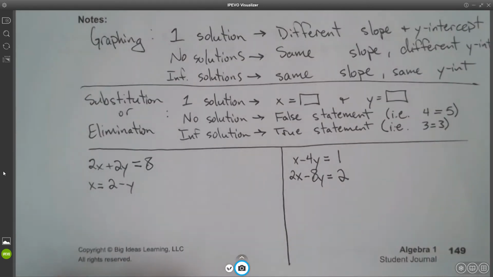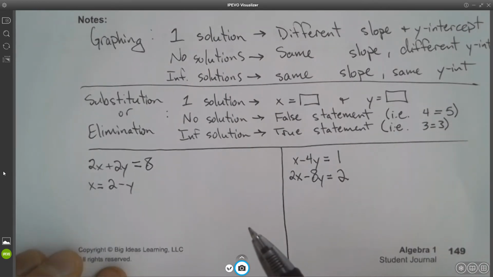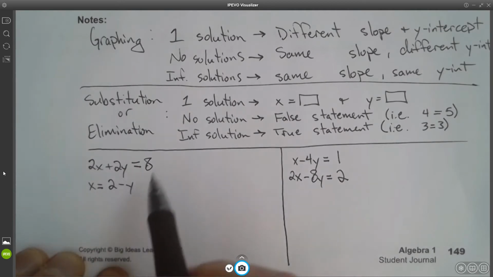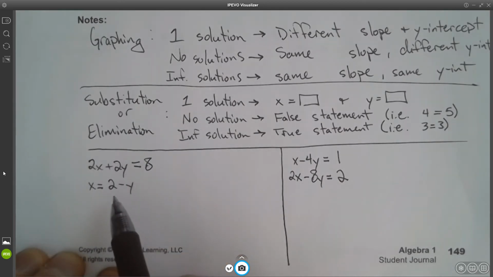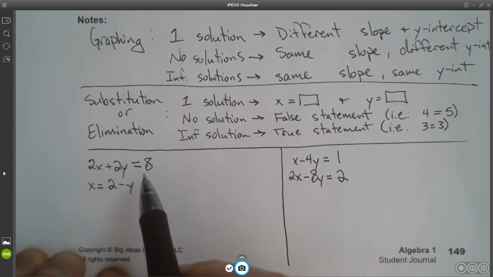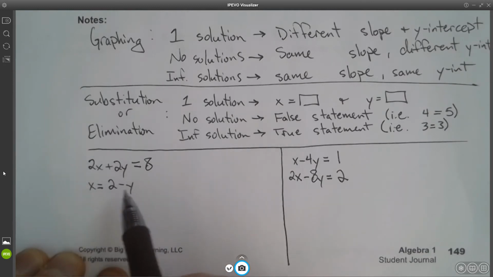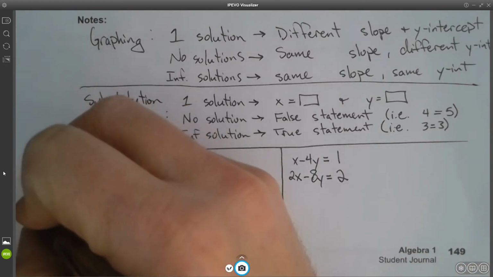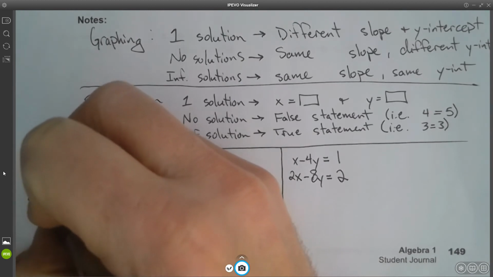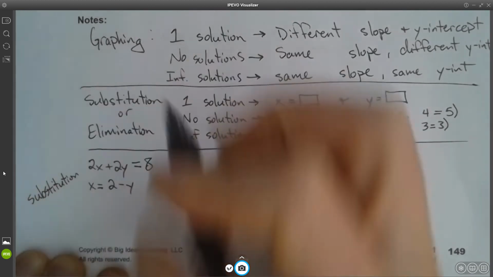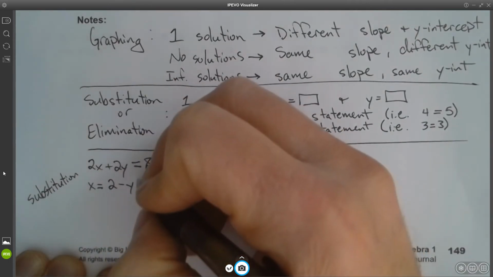As you're solving systems, we want to consider which method works best to solve a system. When I look at this first example, 2x plus 2y equals 8 and x equals 2 minus y, I think that this system sets up nicely to use substitution because we have x equals some stuff here.